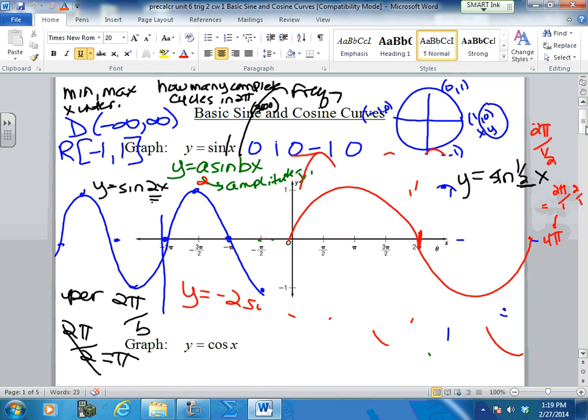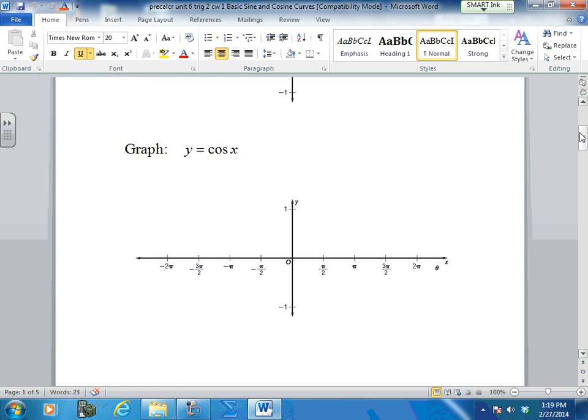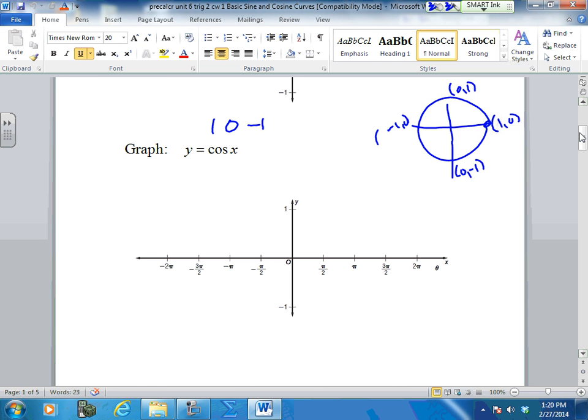Now, let's hit the cosine curve real fast. Does it look like cosine? Yeah, it kind of does. Here's my unit circle. So what values are we using now for cosine? The x values, good. So let's pull out your x values. Start at the 0. What do we pull out? 1, 0, -1, 0, 1.